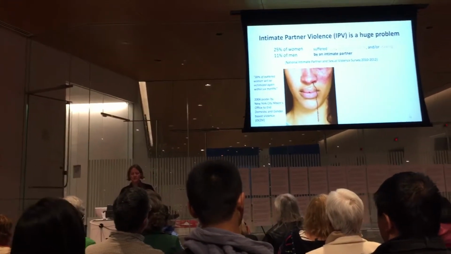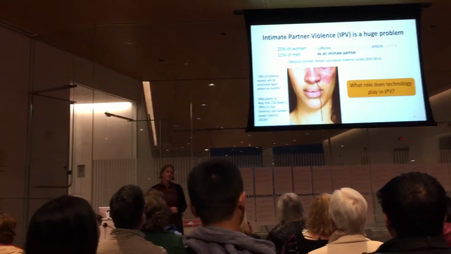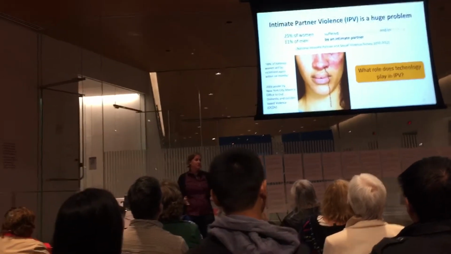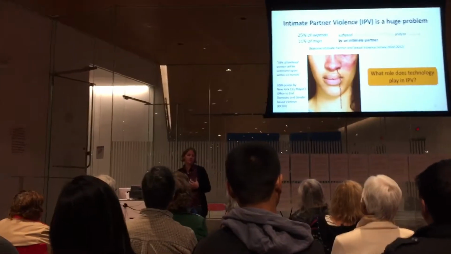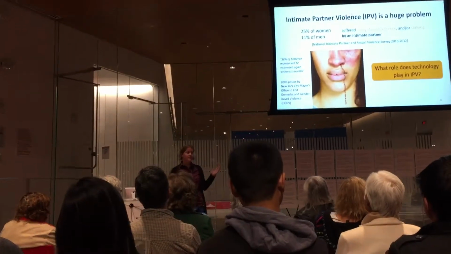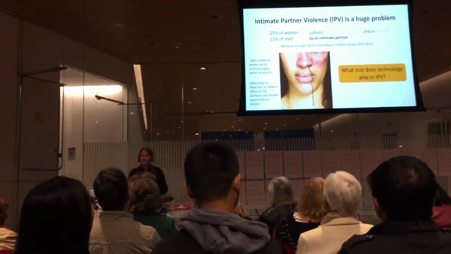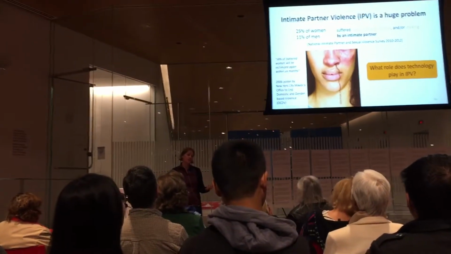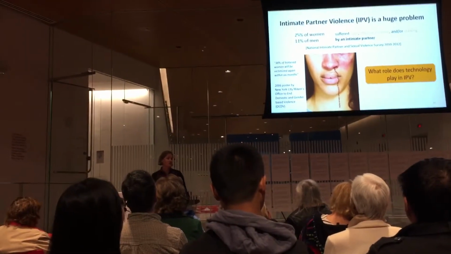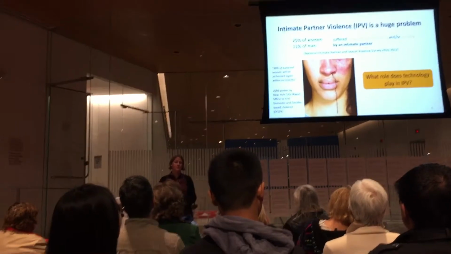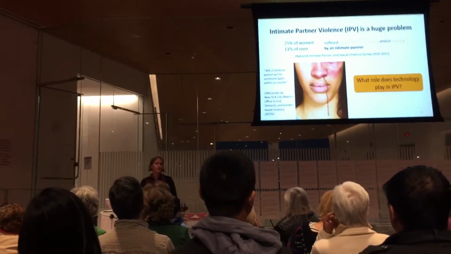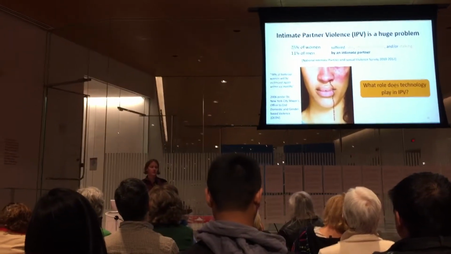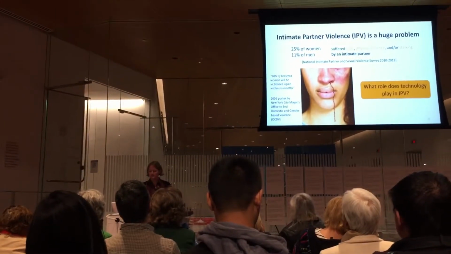And so what we wanted to do was to say, okay, as digital technologies play a bigger and bigger role in our everyday lives, they also play a bigger and bigger role in intimate partner violence settings. But so far there's been no work that really looks at how technology is being abused to hurt people, or how we can prevent technology from being abused in ways that hurt survivors of intimate partner violence.